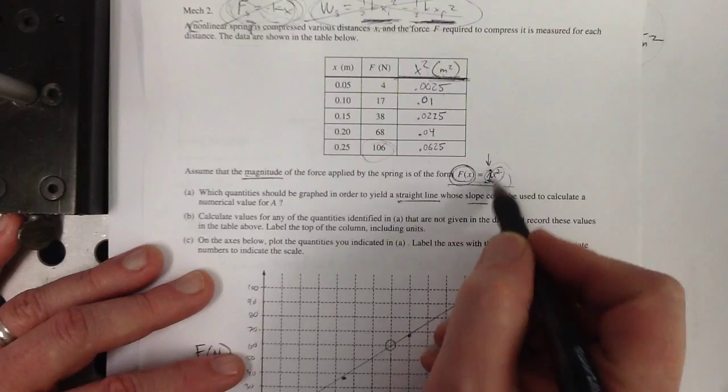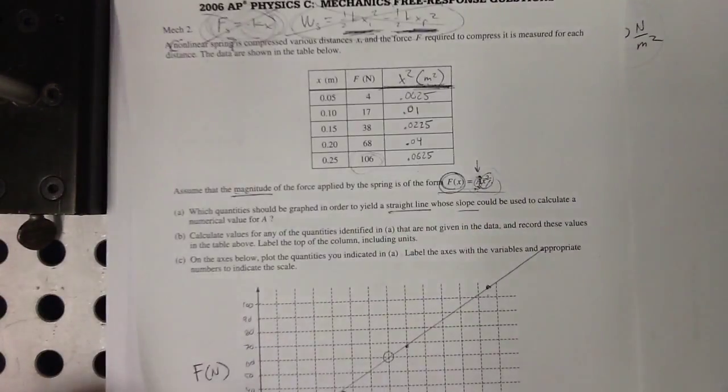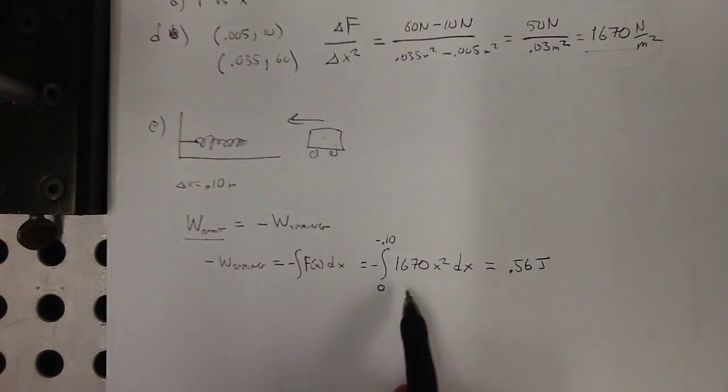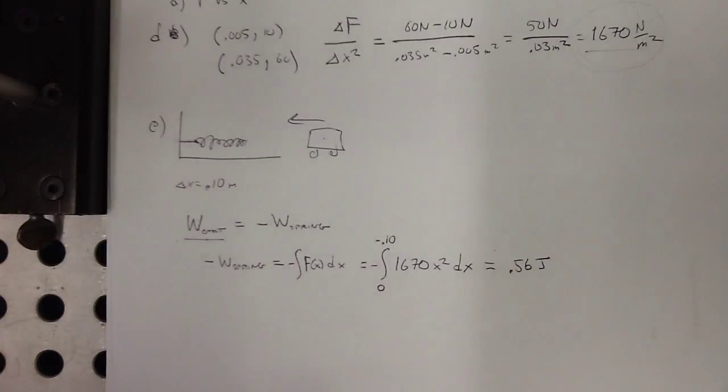So if the spring is an ax squared spring, that's going to give it a different kind of antiderivative. And you could do this problem here if you want to. You can do 1670 over 3x cubed and plug the numbers in. But calculator is allowed on all parts of the AP physics test, so I'm not going to stress myself out with that. I'm just going to do it with the calculator. That's a skill we're supposed to know.